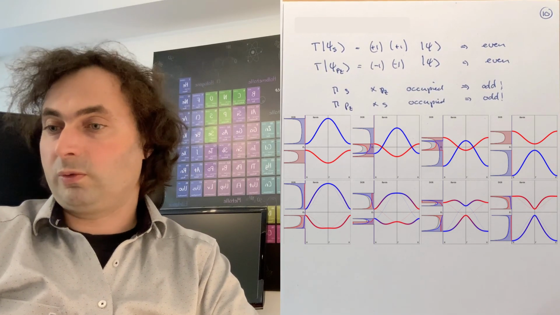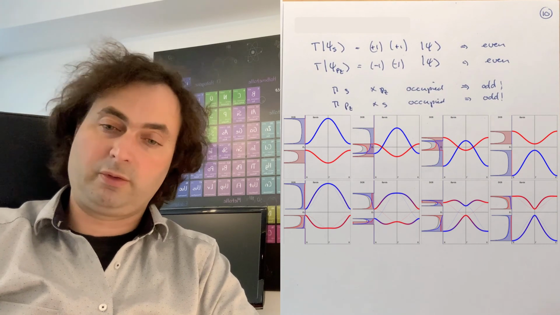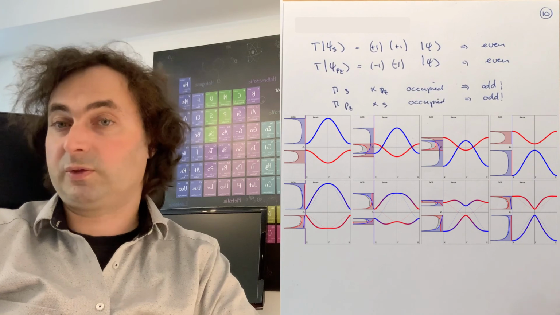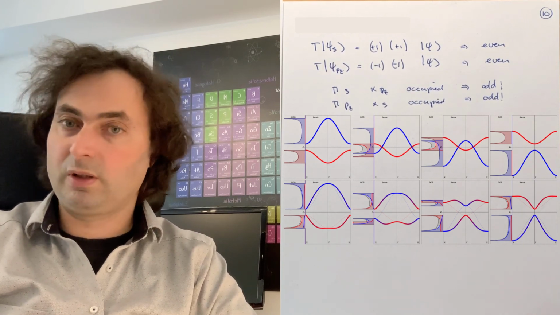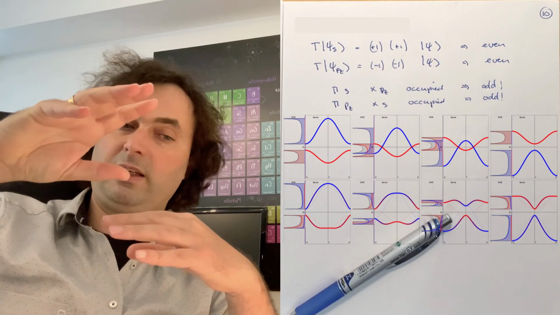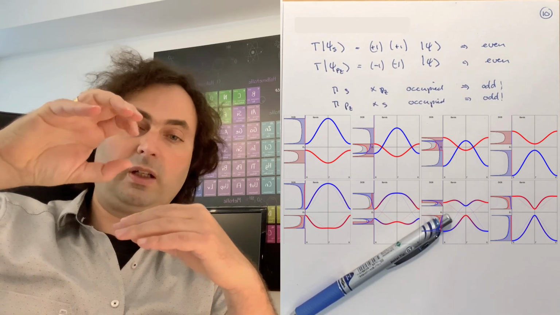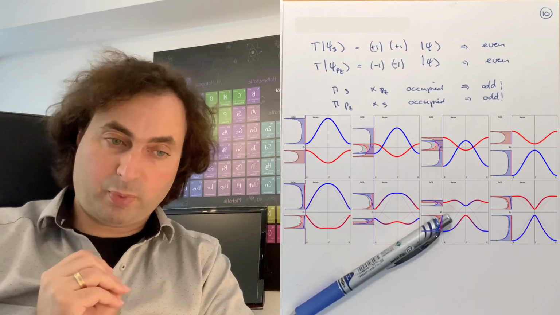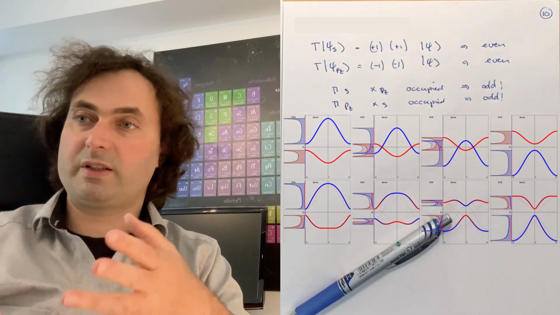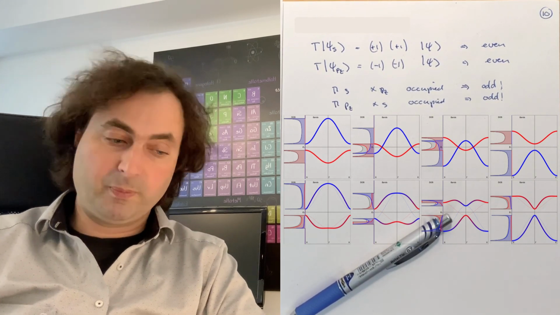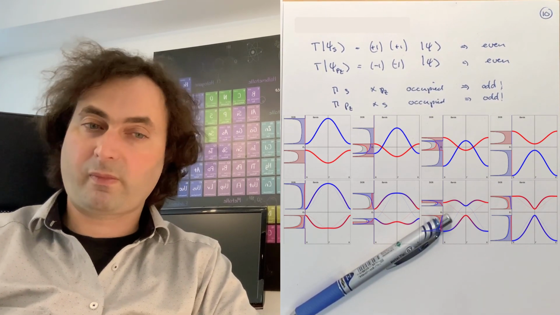So if you would be able, for example, to change as a function of pressure the bandwidth of the S and the P orbital, and you start out for a case where they are close to each other and nearly touching, then when you increase your pressure, your bandwidth increases, and a mixing would happen, a hybridization gap opens, and you have a phase transition between an even and an odd state.